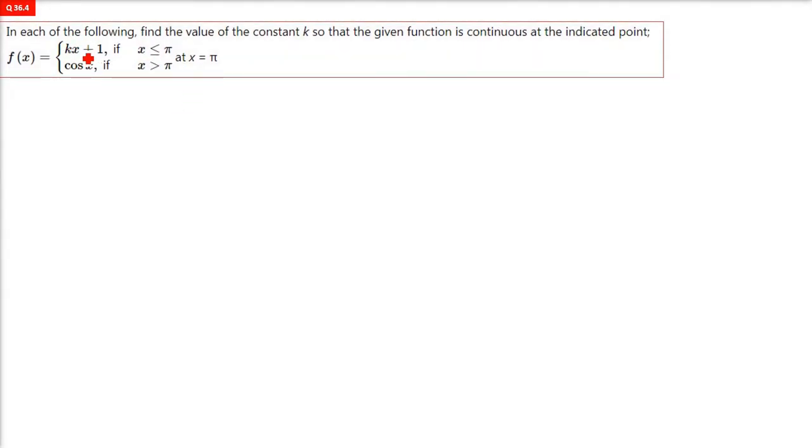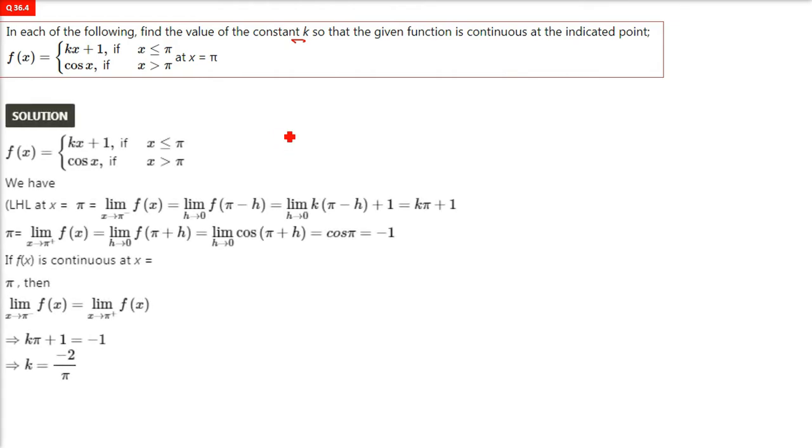In each of the following, find the value of the constant k so that the given function is continuous at the indicated point. Okay, so same thing we have to do here: left hand limit, right hand limit, and then just equate it and try to find out the value of k, right? So this is LHL and RHL. LHL I am writing here, RHL here, and this has to be computed at x equals pi.